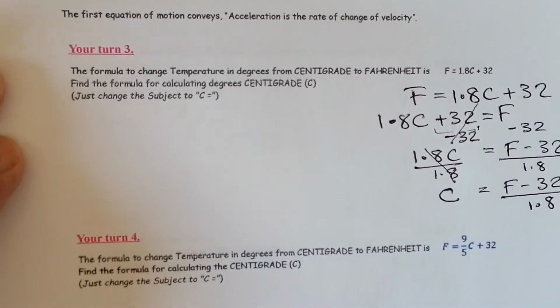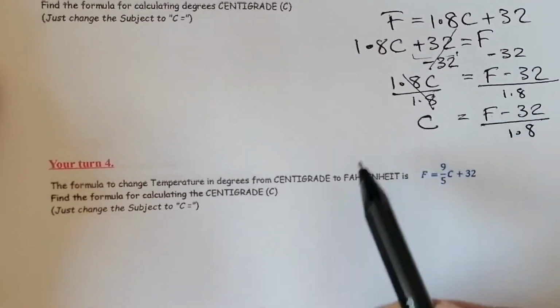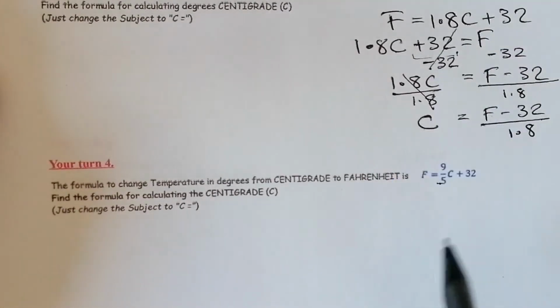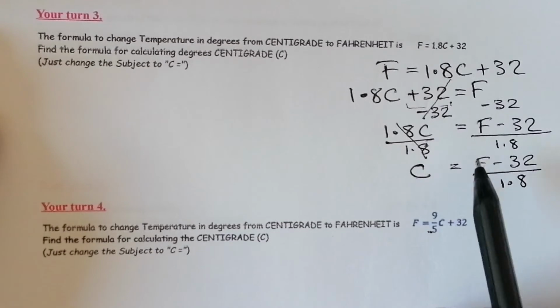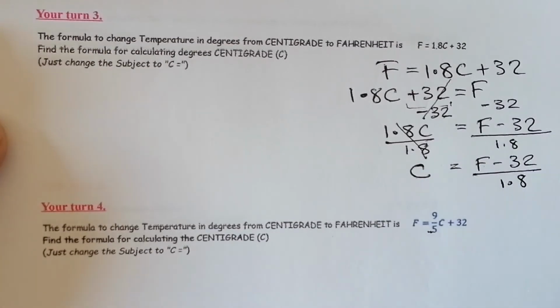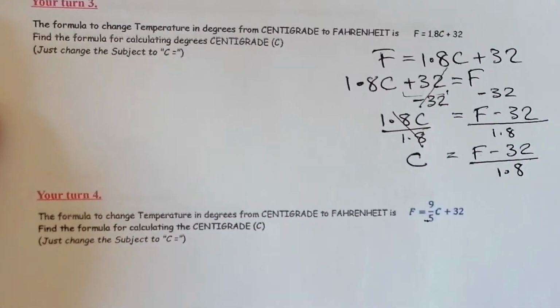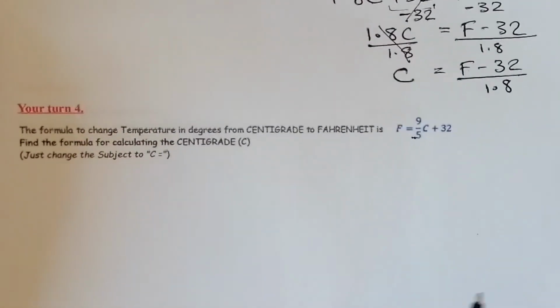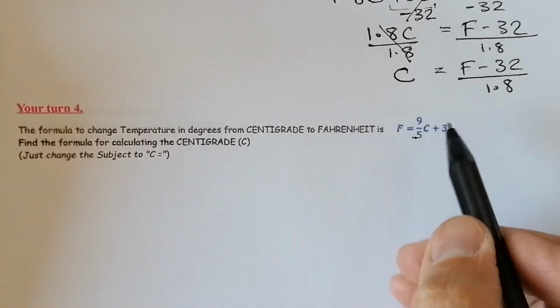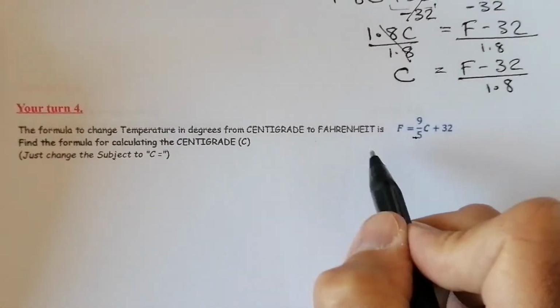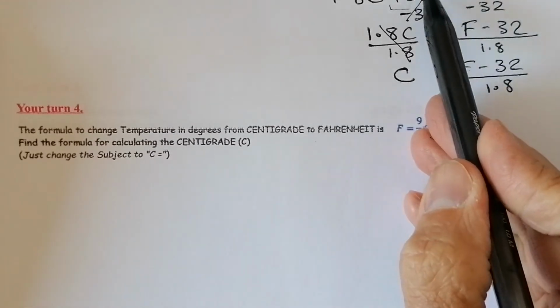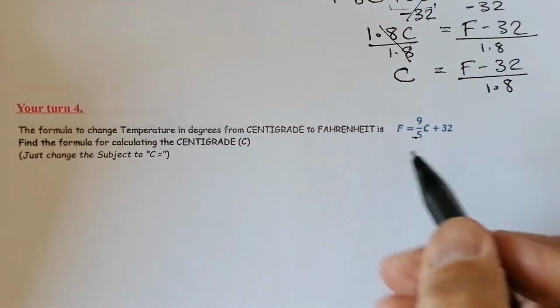Okay, question 4. Question 4 is the exact same formula as this one here. The only difference is that we're dealing with a fraction on this one here, and that can make it a wee bit more difficult. So first thing I'm going to do is change it round to show 9/5 C, because 9/5 is just the same as 1.8 in the previous example.